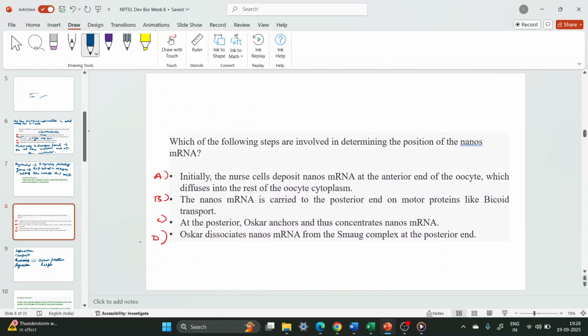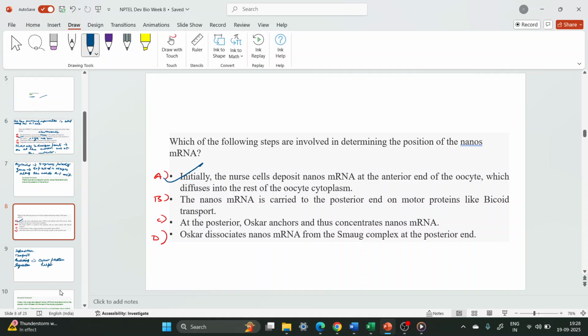Now let us look at the options. Initially the nurse cells deposit nanos mRNA at the anterior of the oocyte, which diffuses to the rest of the cytoplasm. Yes, it is correct. Then the nanos mRNA is carried to the posterior end on motor proteins like bicoid transport. Is it true? Tell me. No, it is wrong. Nanos is transported on microtubules by dynein and kinesin, but not like bicoid transport.